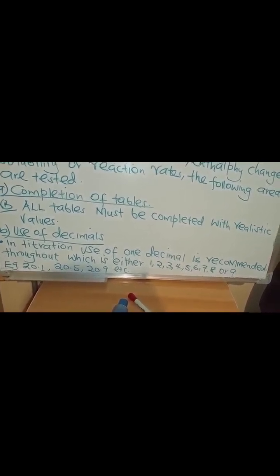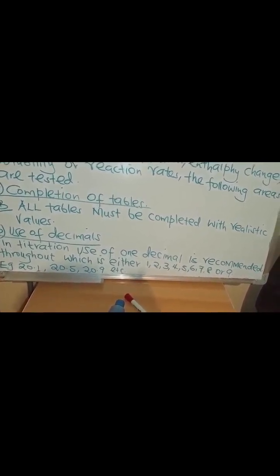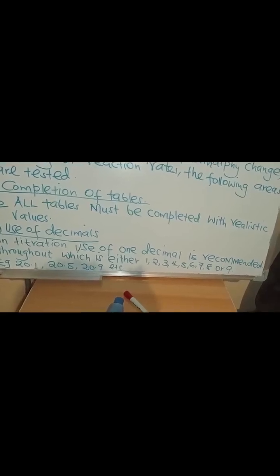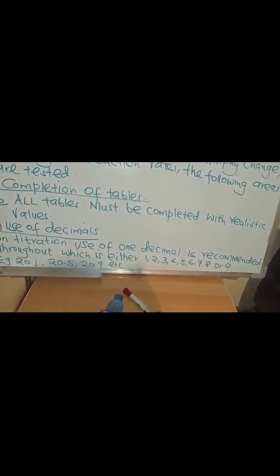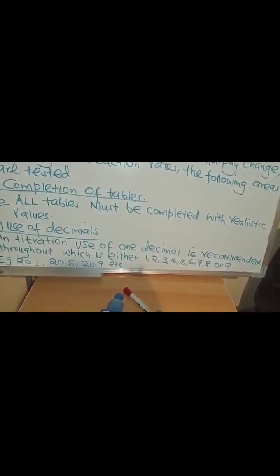And the 1 decimal point is either 0.1, 0.2, 0.3, 0.4, 0.5, 0.6, 0.7, 0.8, or 0.9.